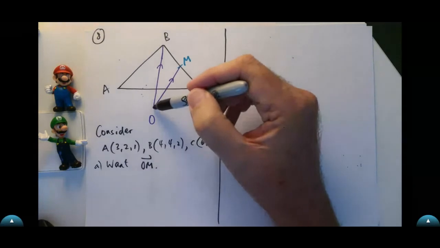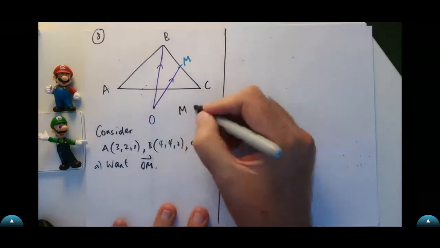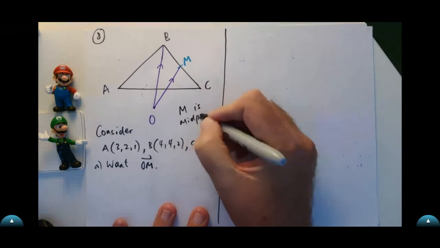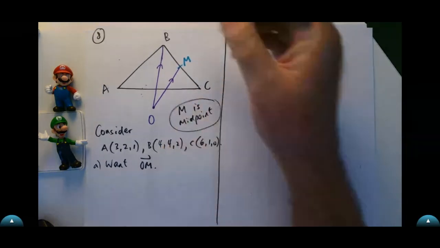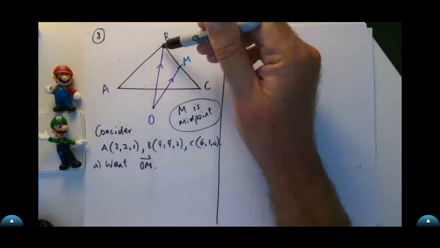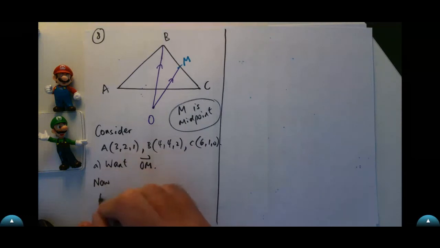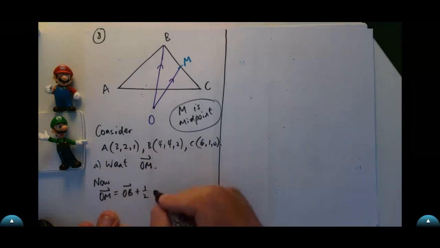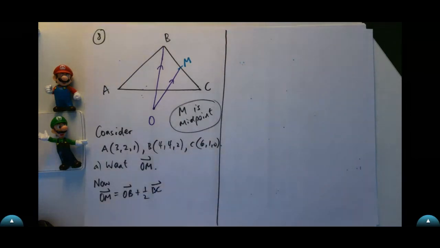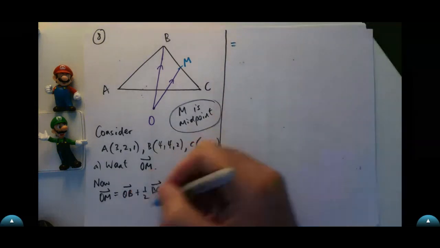The triangle rule tells us that to get to here, we can go here to here and then add half of BC. We know what B is, we know what C is, so we can calculate that vector and just multiply it by a half. So pretty easy, right? Not a really difficult problem there. So let's keep it going.